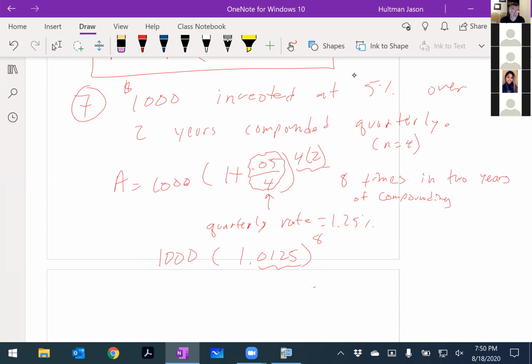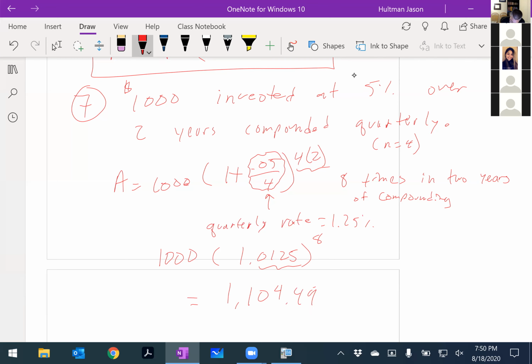It's 1.25%, but it's compounded, which means you're actually tacking on more and more interest. The banks know how to make money. And if you plug this into a calculator, you get $1,104.49.